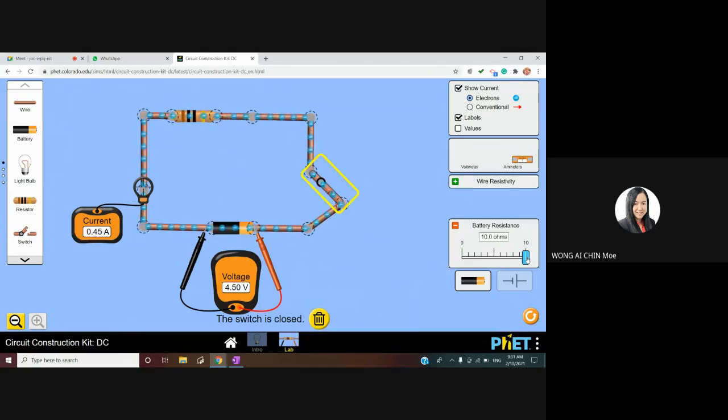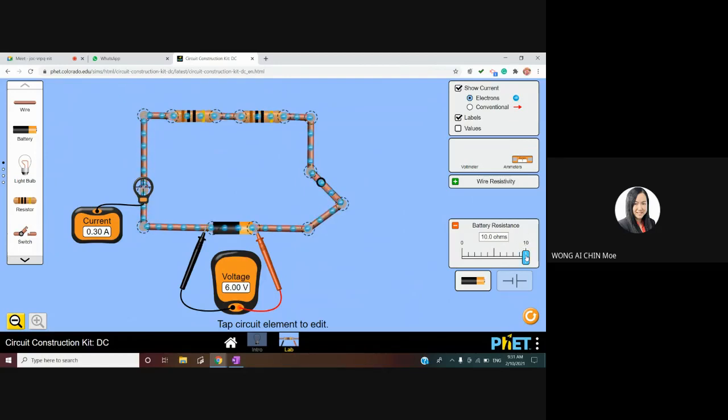If I connect another resistor, this resistor also equals 10 ohm. So now we have two 10 ohm resistors, and the internal resistor I also change to 10 ohm.